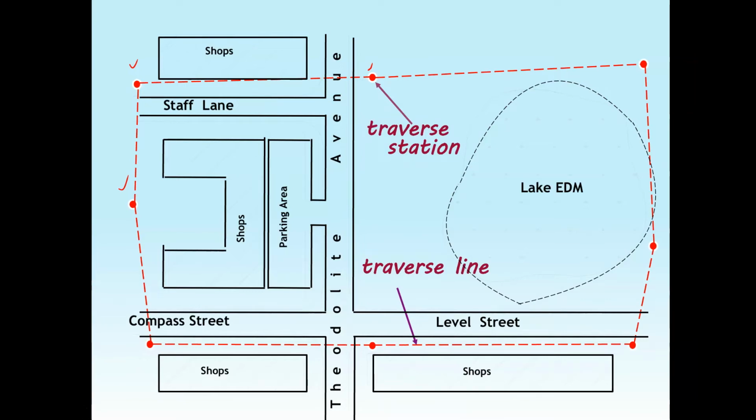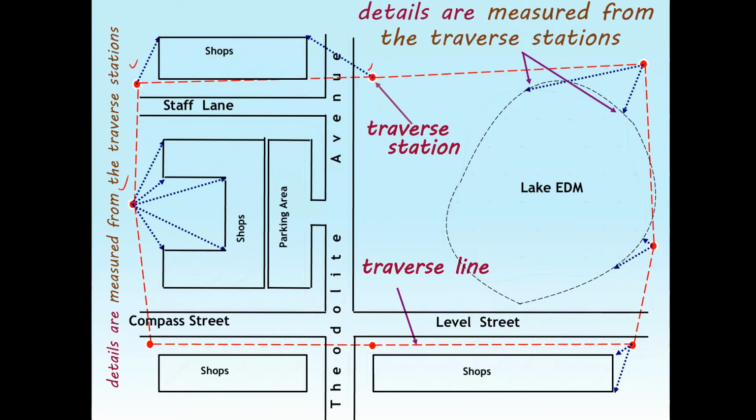Okay, once those points are established, the traverse stations are established, you can now use them. You can set up your equipment on them to measure what we call offsets or distances to the features that we need to map. You'll measure distances and angles to the shop corners, then you know the position of those shop corners, and you can actually plot it out, draw them on a plan.